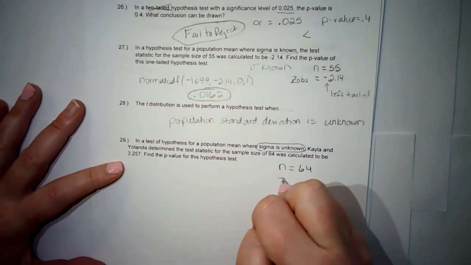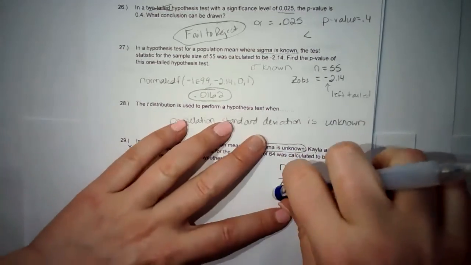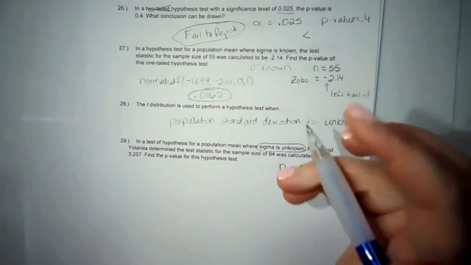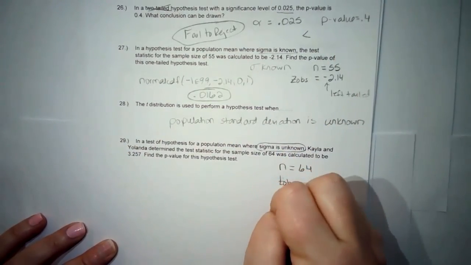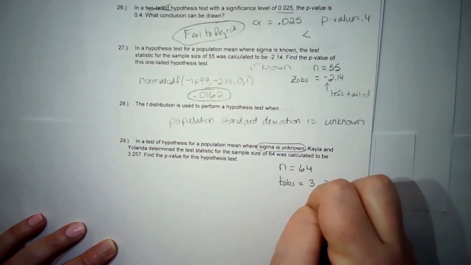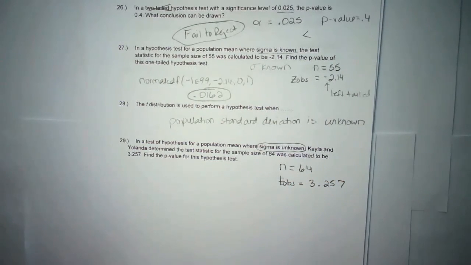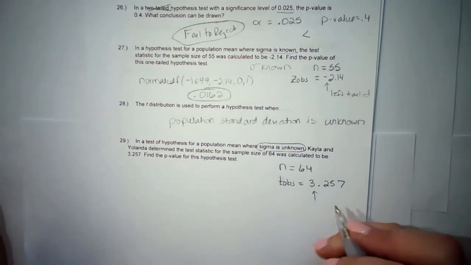Okay, remember, test statistic is Z observed. However, for sigma unknown, it's actually T observed. It's not a big deal. As long as something's observed, you're fine. Okay, is this. All right, now, it doesn't tell us it's a two-tailed test, so we're going to assume it's a one-tailed test. What kind of tailed test do we think it probably is since our observed is positive? Right.